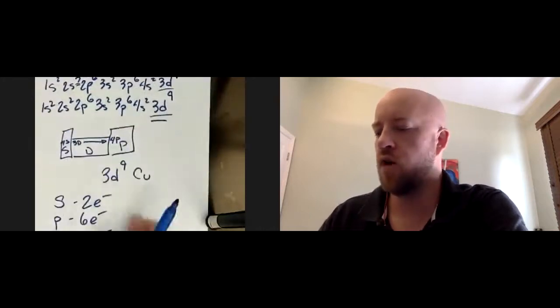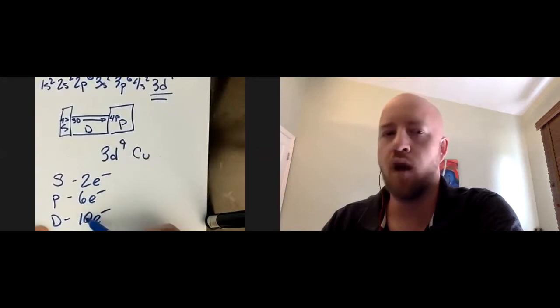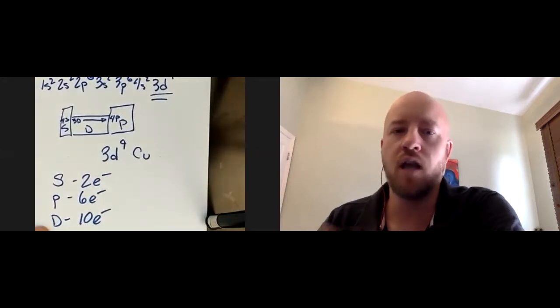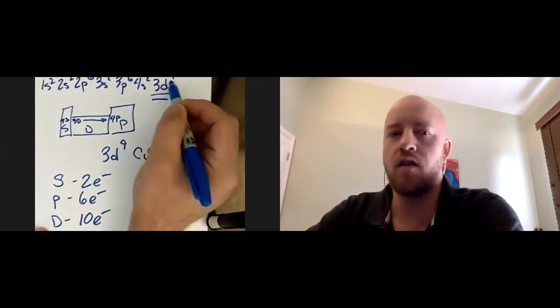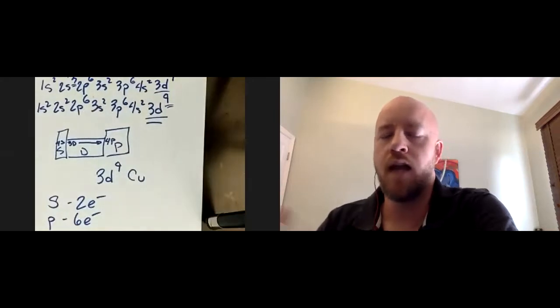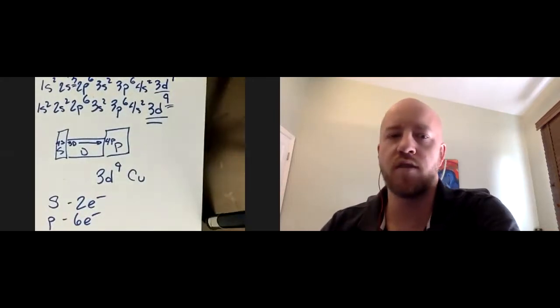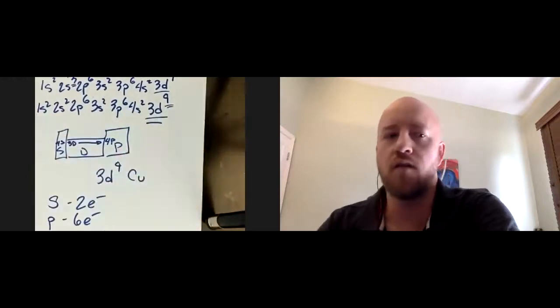You have to watch that the S, P, and D have the proper number of electrons if it's filled up. Now if it stops, obviously the 3D9 is fine because that's where it's stopping. It can have up to 10, but if we're trying to represent something along the way, then it's going to stop here, but the rest of these are going to be filled.